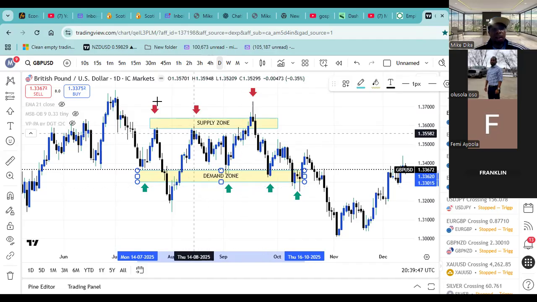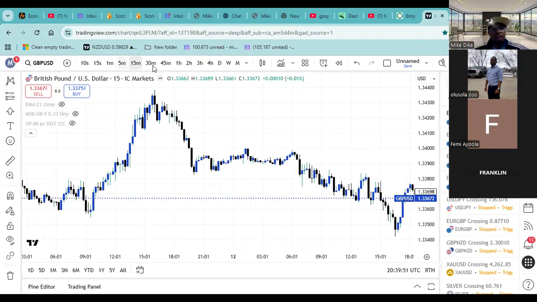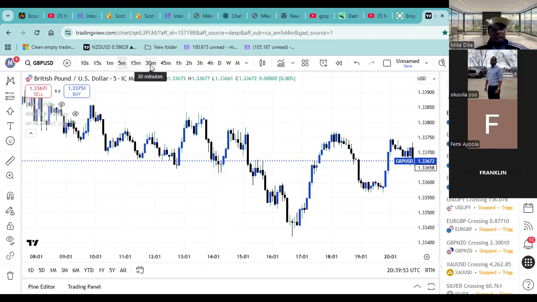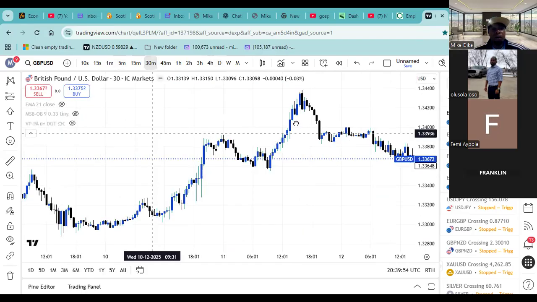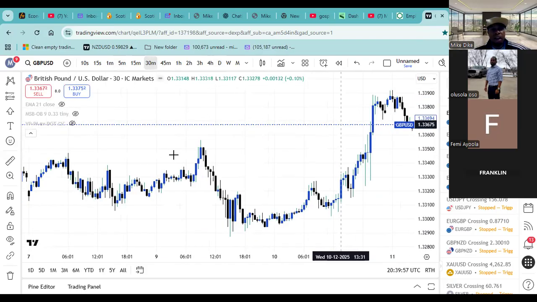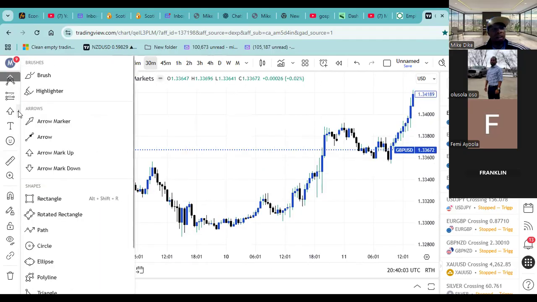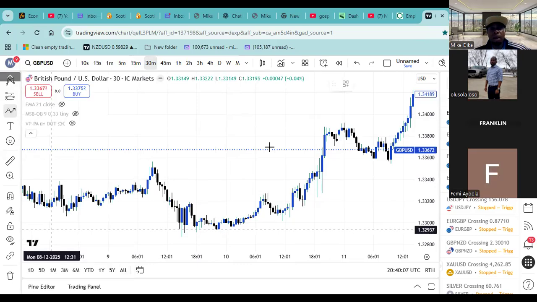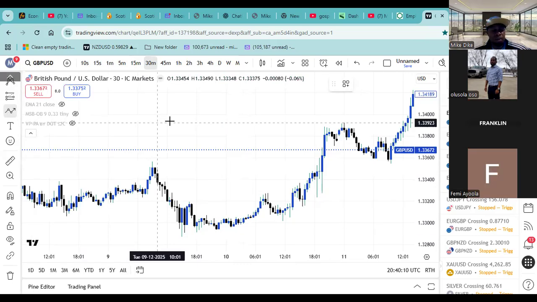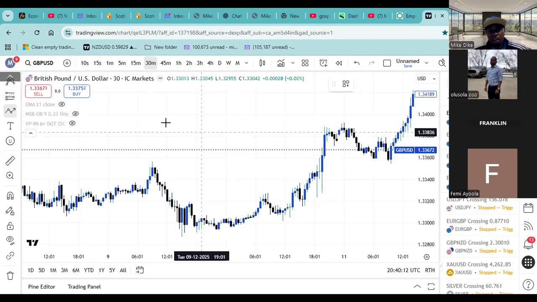But if I spot it and go to a lower time frame, let's say 15 minutes or 5 minutes, I take it as ranging. Then I'm going to call it resistance and support.